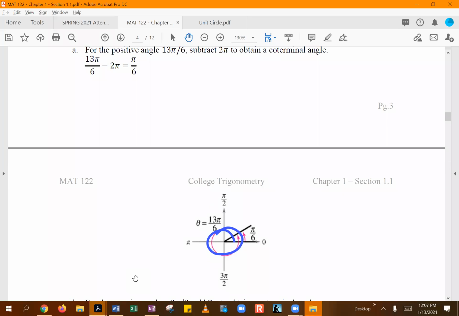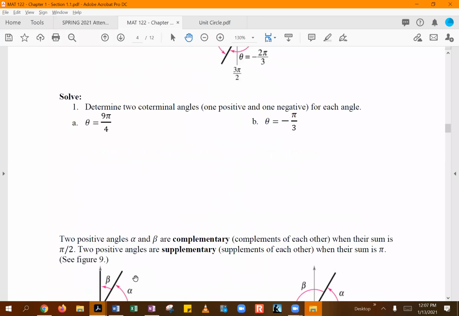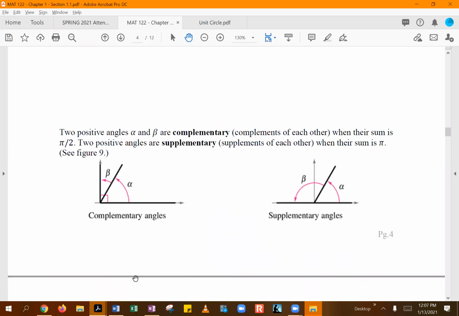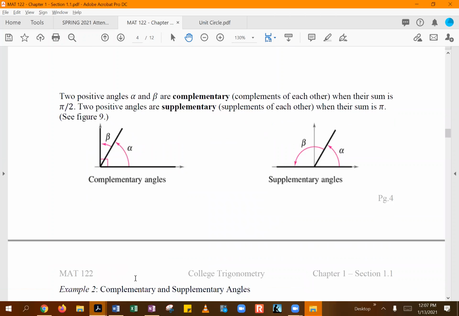Now, some other things that we will need to discuss in terms of getting used to terminology are complementary and supplementary angles. So basically, when we're talking about two positive angles being complementary angles of each other, that means their sum has to be pi halves, which again means the two angles should add up to 90 degrees.